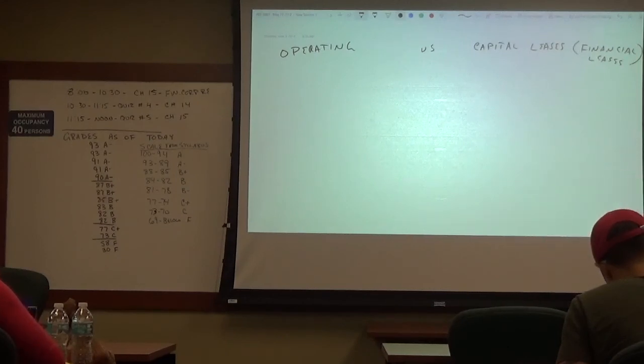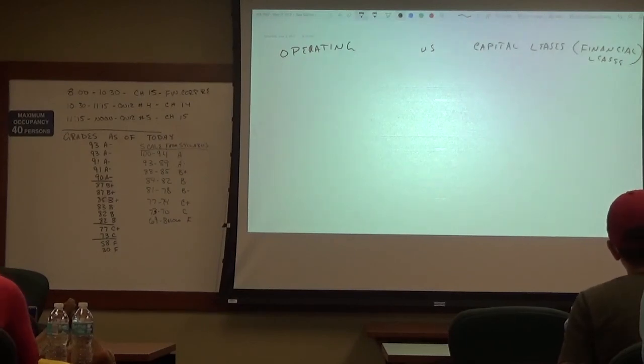And so for the next 25 years, you are obligated to make these lease payments, and therefore you've got to record this on your balance sheet as effectively a long-term obligation, okay?